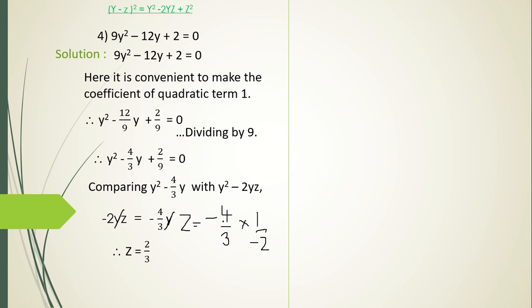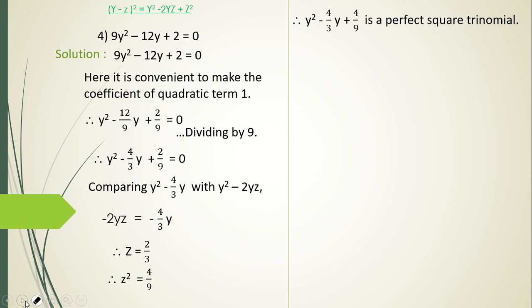So minus minus is going to become plus now, and 2 1s are 2, 2 2s are 4. So we get 2 upon 3. This is how we get z is equal to 2 upon 3, and therefore z square will be equal to 4 upon 9.